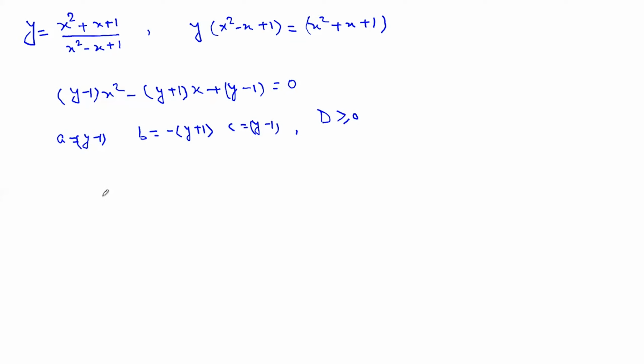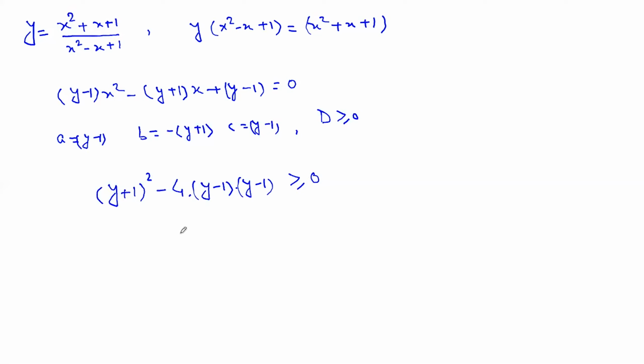So discriminant in this case, b square minus 4ac, where a is y minus 1, c is y minus 1, greater than equal to 0, right?